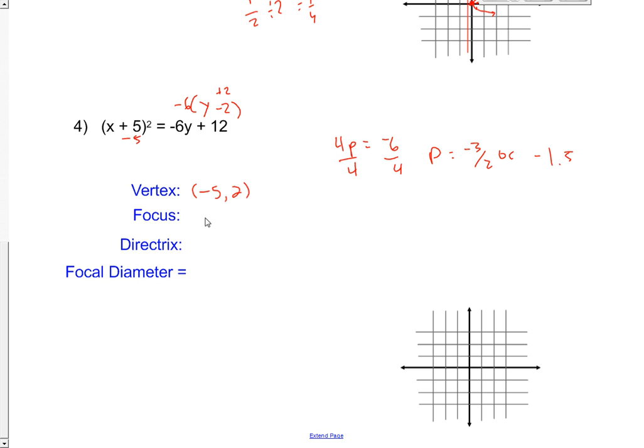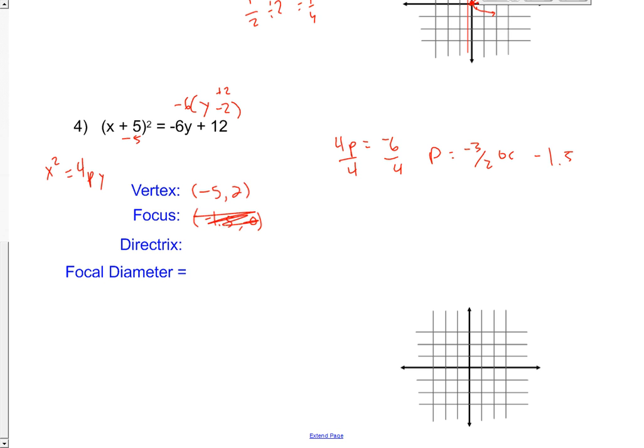So with p being equal to -1.5, and this is in the format of x squared equals 4py, so this is a vertical parabola. And so we're going to have -1.5 comma 0.